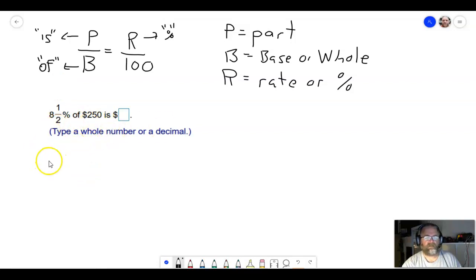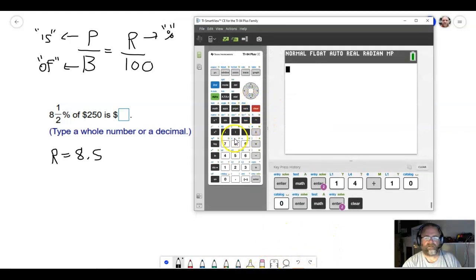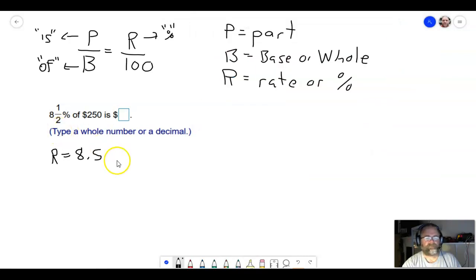So here, I can see that my R, which is going to be equal to the percent, the rate of the percent, that's 8.5. I'm going to go ahead and write that as 8.5. Just makes it a little bit easier. If you were unsure of that, you could always go to your calculator. Just do 8 plus 1 divided by 2. That should give you 8.5 there.